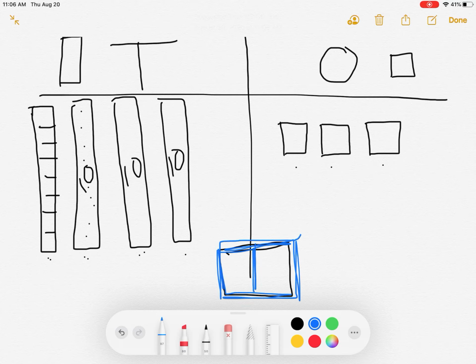Okay. So I have 1, 2, 3 babies. So I'm going to write 3 over here because it's the baby side. And then I have 1, 2, 3, 4 big brothers. So I'm going to write a 4 over here because it's the big brother side. What number did we make?